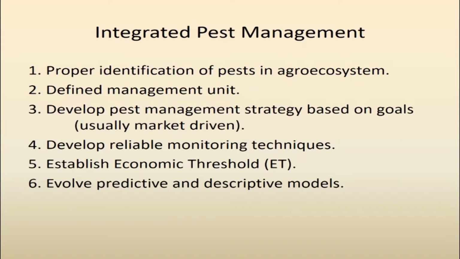Integrated pest management broadly says that the insects which inflict the damage in question have to be properly identified, the management unit has to be properly defined, and the pest management strategy has to be developed based on the goals, which are generally driven by the market.